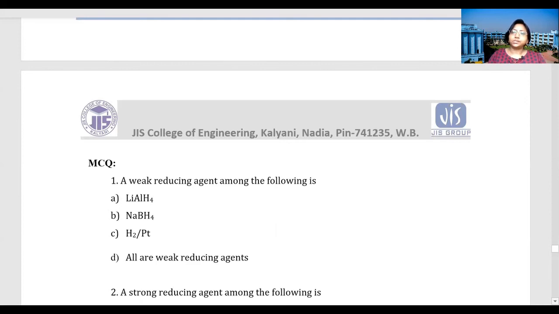But if it is a weak reducing agent, it can only do one step. And you have also learned the Wolff-Kishner reduction and Clemmensen reduction. Now let's check how much you have learned.